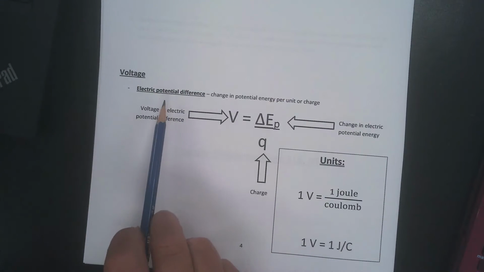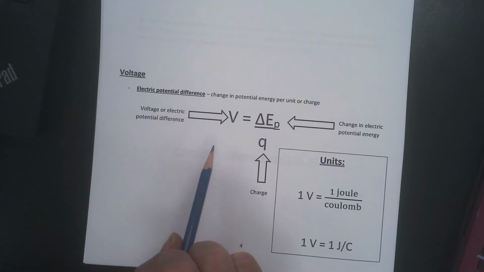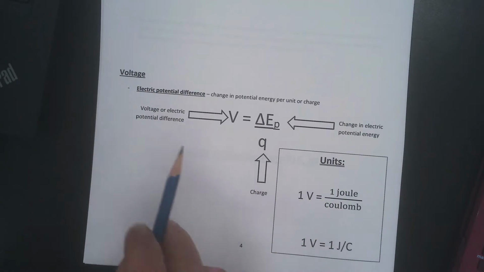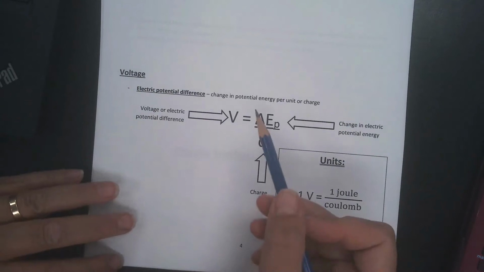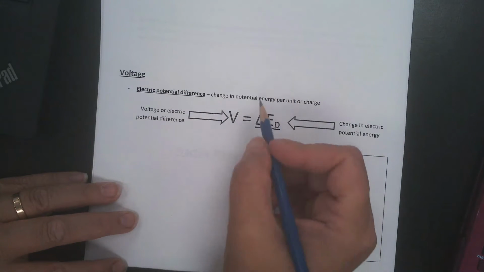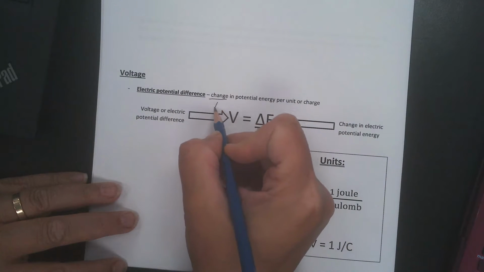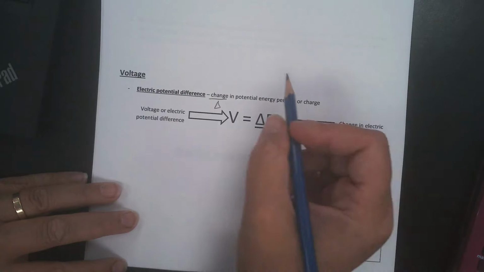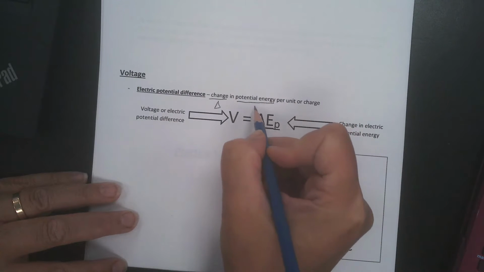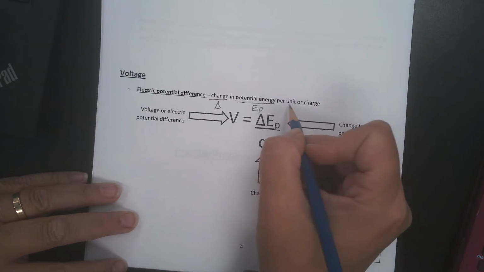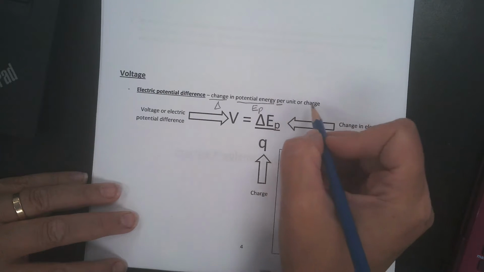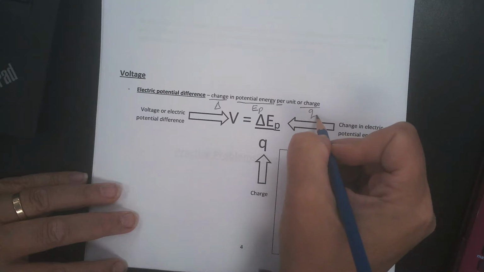Another term for voltage is electric potential difference. And so it is the change in the amount of potential energy per unit of charge. By this very definition, the change, which is represented by the delta symbol, potential energy per unit of charge, so per charge.